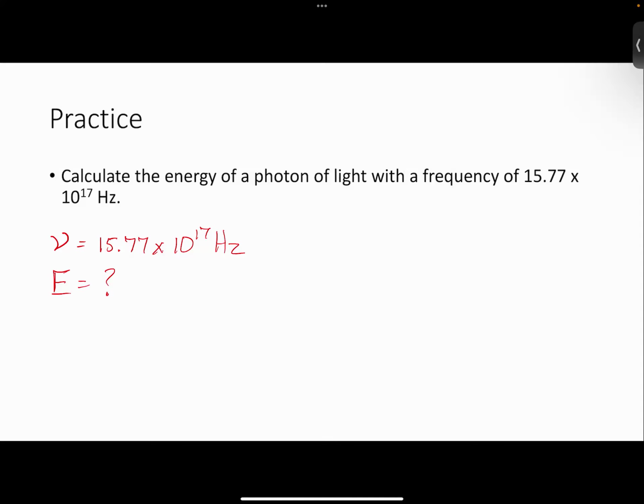If we look back at the previous slide, the equation that we're going to want is energy is equal to Planck's constant times the frequency. We use that particular variation of this equation because we were given the frequency. Now, Planck's constant is 6.626 times 10 to the minus 34 joules times seconds.